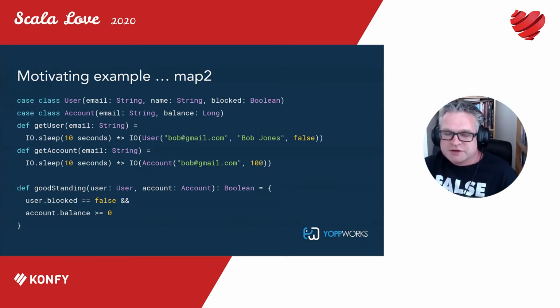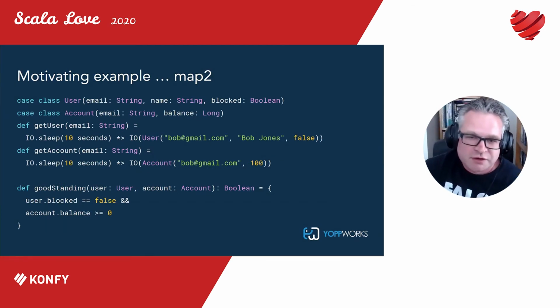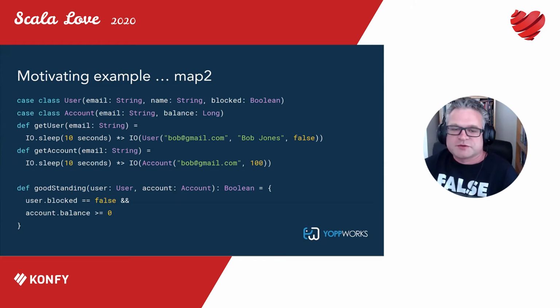To see why it is useful, let's look at another motivating example. This slide is really setting us up for a real-world example for how we can use a function called mapN. mapN can be implemented with app. First we'll talk about mapN, and then we'll show how it relates to app.